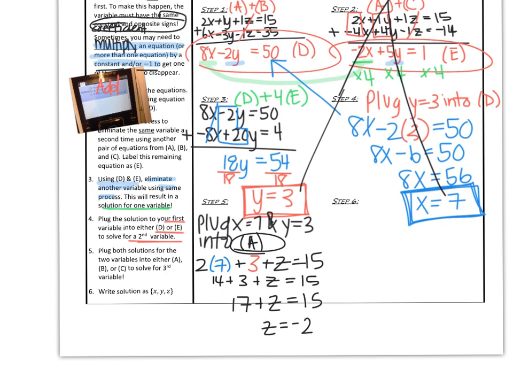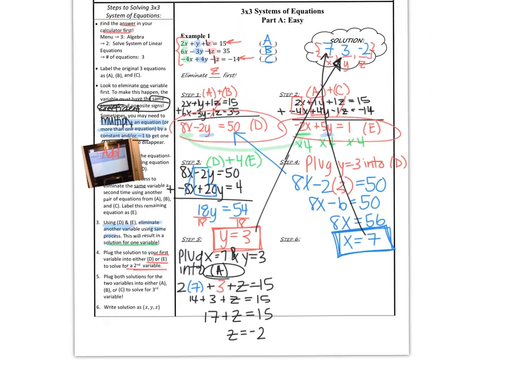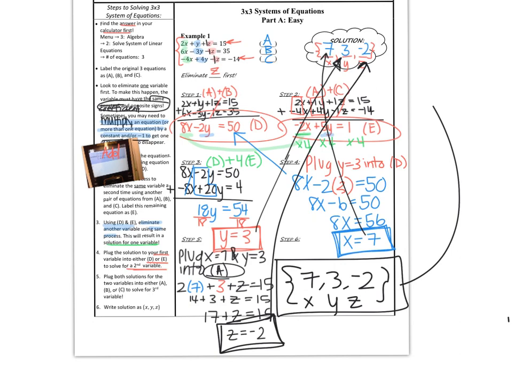And if I look back at my solution from way up above, z is supposed to be negative 2. So step 6 is to literally just write your solution, what your final answer should be. And remember, it goes in x, y, z order, so it will be 7, 3, negative 2. And you want your final solution to match perfectly with the solution you had up above from your calculator.